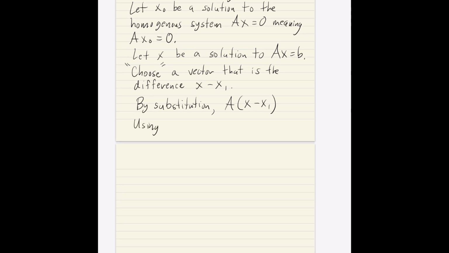Using the left distributive property for matrices, we have A(x minus x1) is equal to Ax minus Ax1.